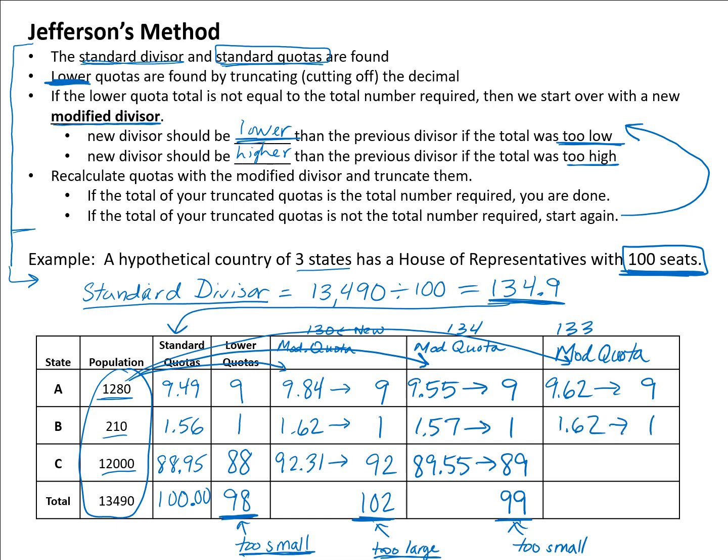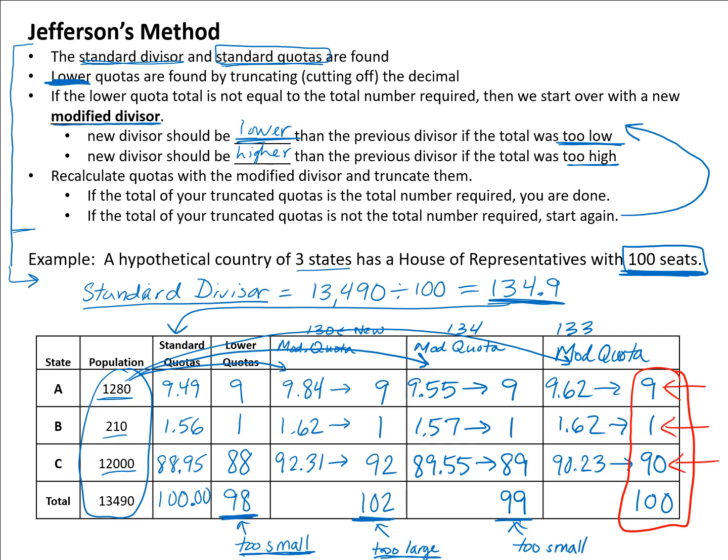And then the last one, 12,000 divided by 133, gives me 90.23. Cut off the decimal and we get 90. So 9, 1, and 90 now give us 100. So our true apportionment, or the apportionment that Jefferson's method would have us use, is that State A gets 9 seats in Congress, State B gets 1, and State C gets 90.